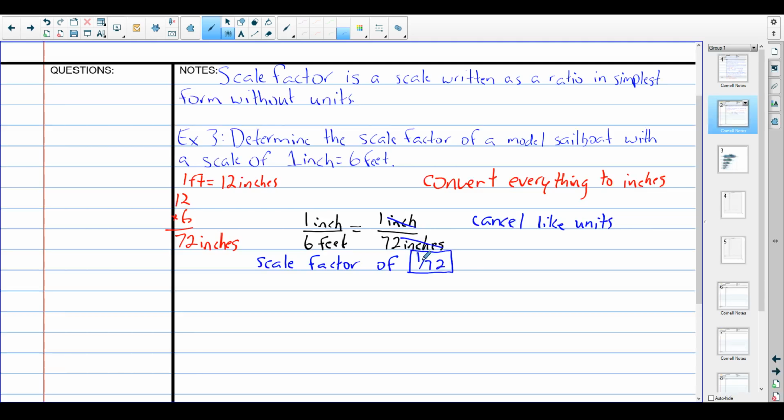So then we could say if we have any part of the boat, like say the boat was, and this is the notes part, everything else is just sort of fun. Let's say the actual boat is, let's say 24 feet long. Or how big is the model?